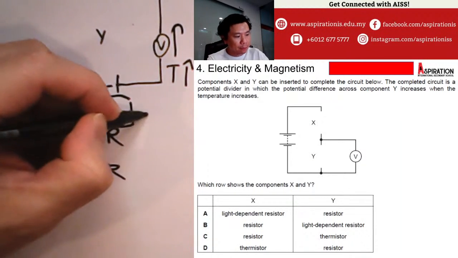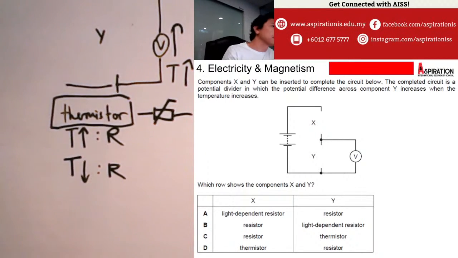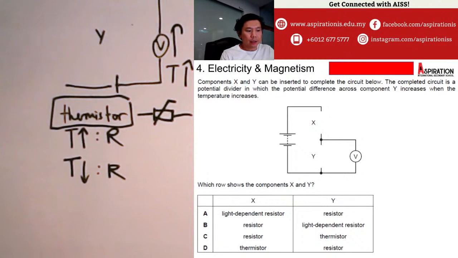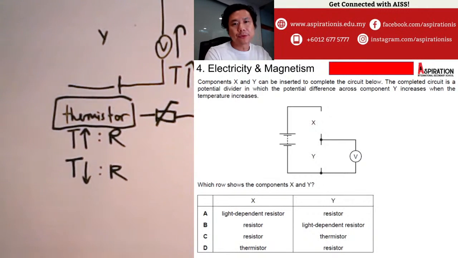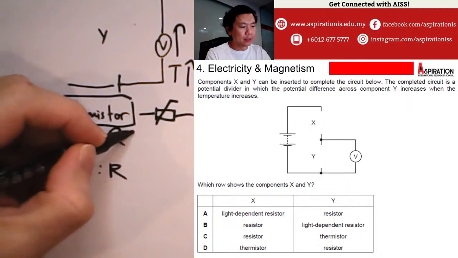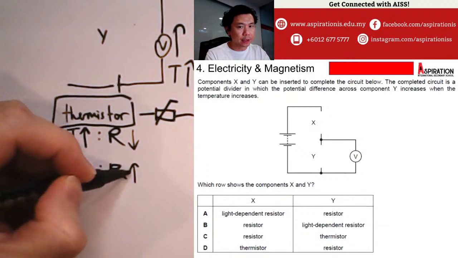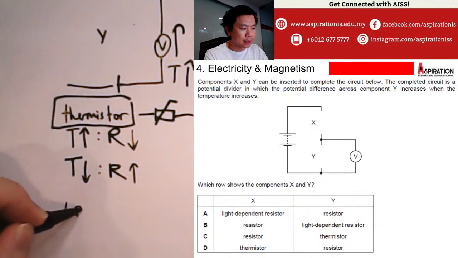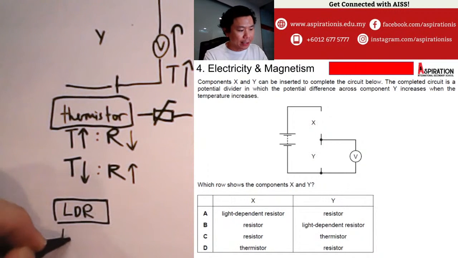So the symbol for a thermistor looks like this. So what happens to the resistance of the thermistor there? What I find really helpful is: when the temperature goes up, resistance goes down. When the temperature goes down, resistance goes up. It even works with the LDR, guys. LDR is talking about light intensity.